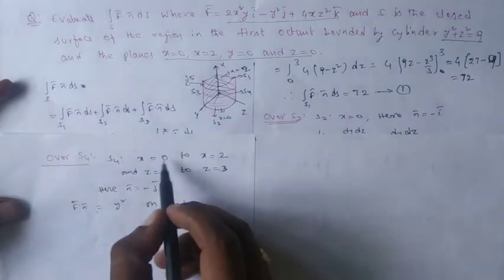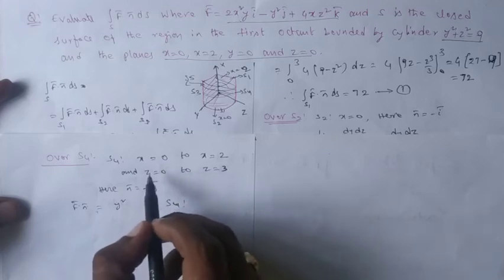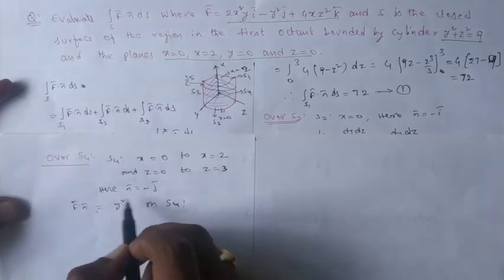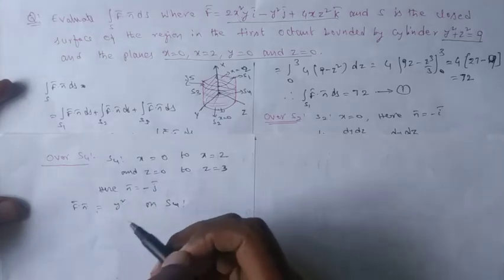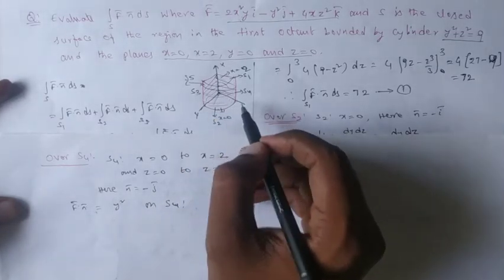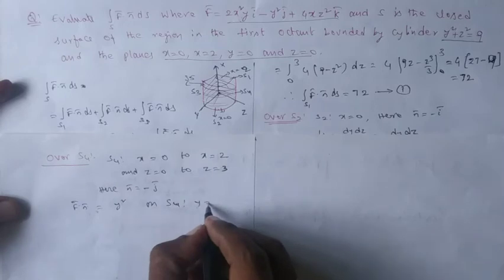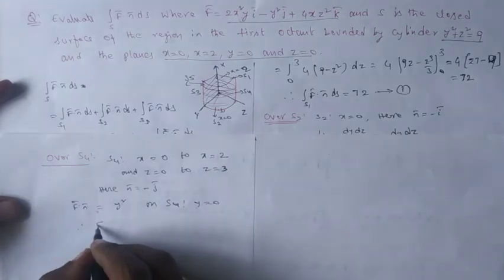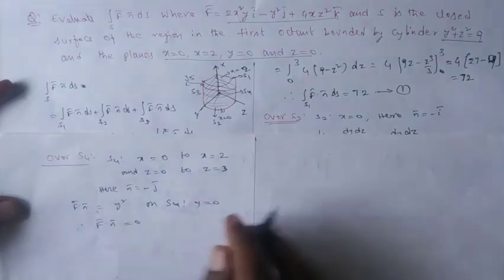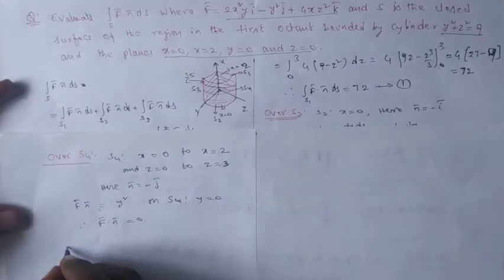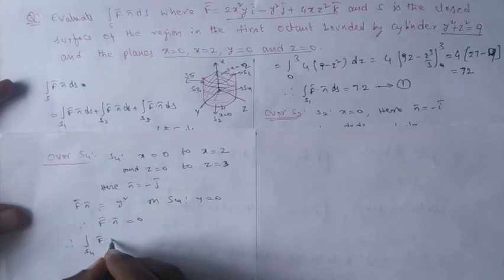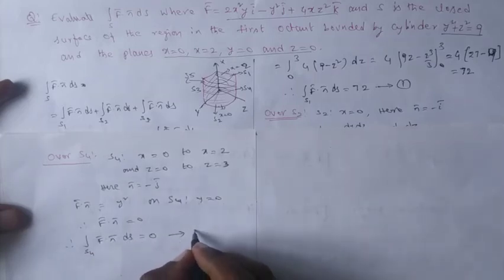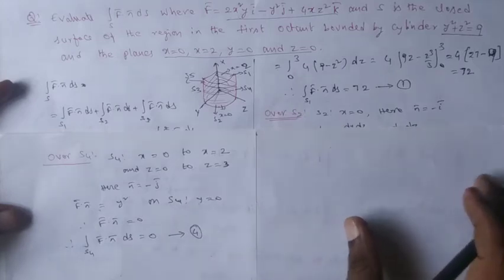See, only x and z variables vary. If y is there, we have to replace it with some constant or corresponding value on that plane. On the xz plane, clearly y is 0. Therefore f bar dot n bar equals 0 on this plane, and obviously the integral over S4 of f bar dot n bar ds becomes 0. This is our fourth value.